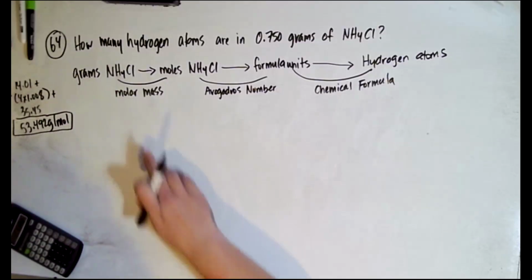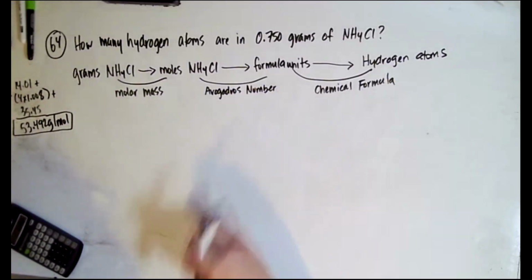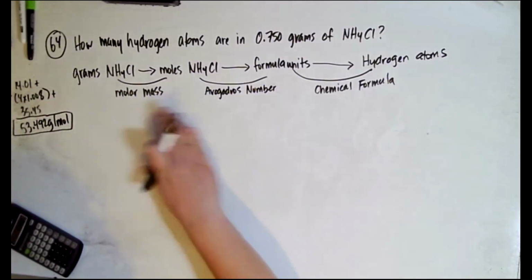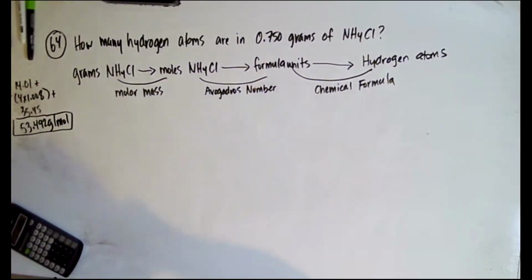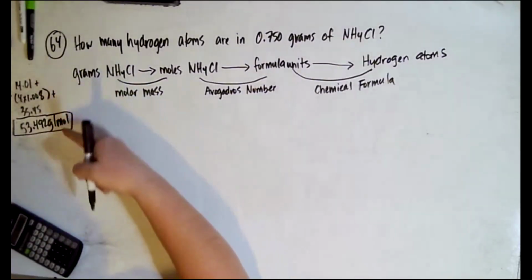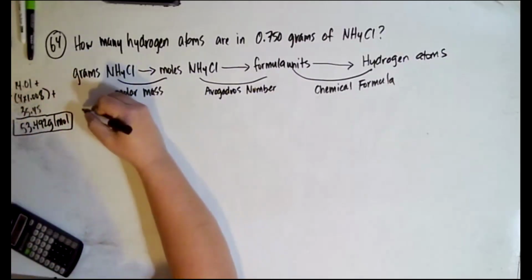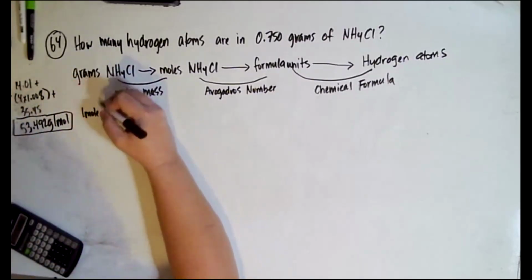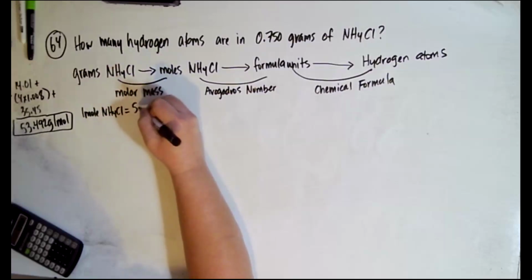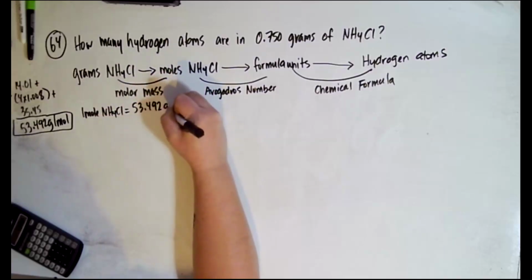Now, once you have your steps down, you can also write the equalities out underneath the steps to help you set up your calculation. For our molar mass, what we know from the molar mass is that every 1 mole of NH4Cl is going to be 53.492 grams.